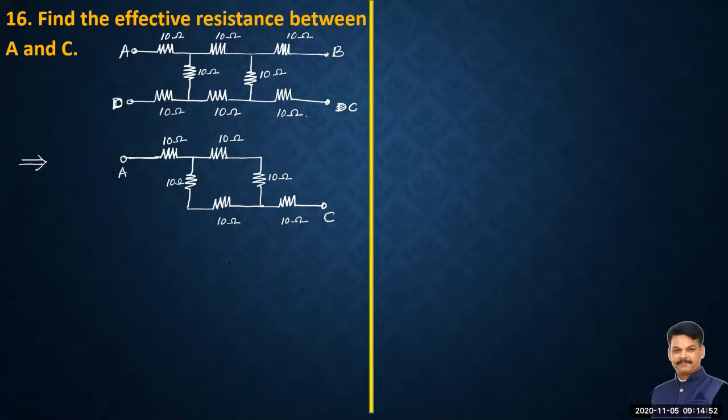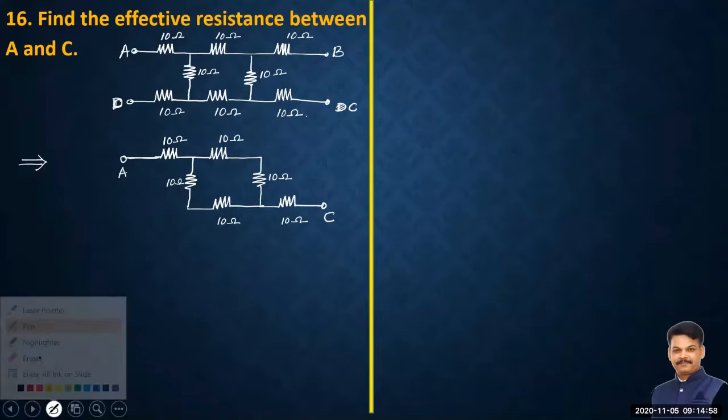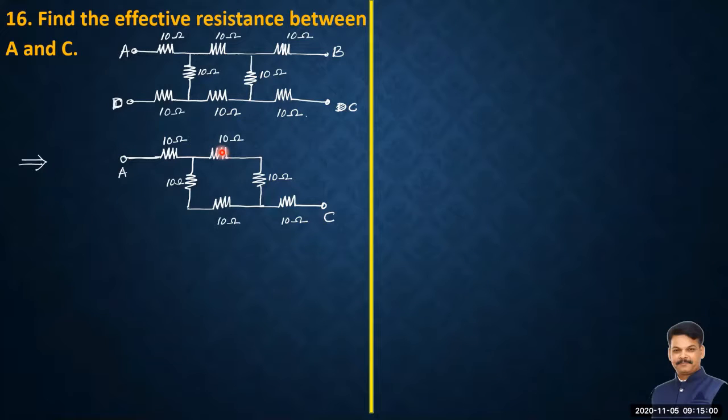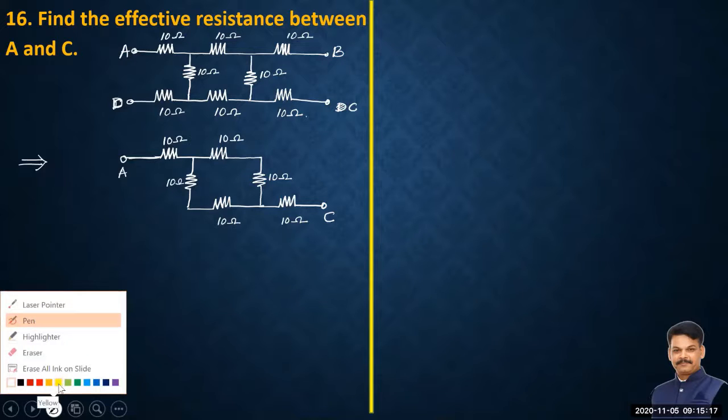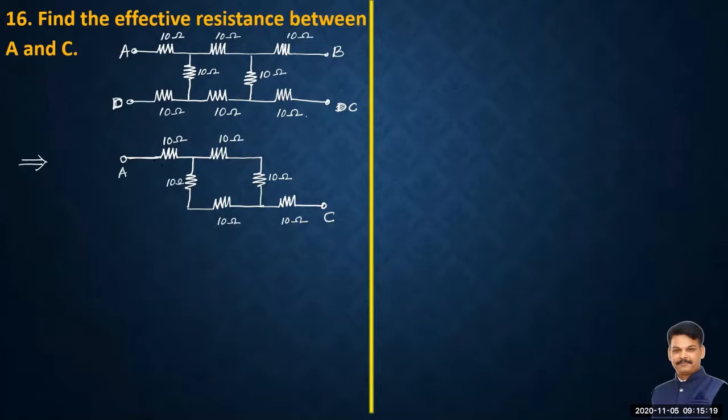After this, identify the 2 resistors which are in series or in parallel. Observe here, this resistor and this one are in series. Similarly, in another arm, these 2 are in series. If you name them, it becomes easy for identification.